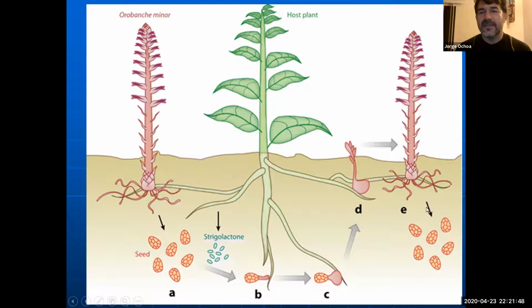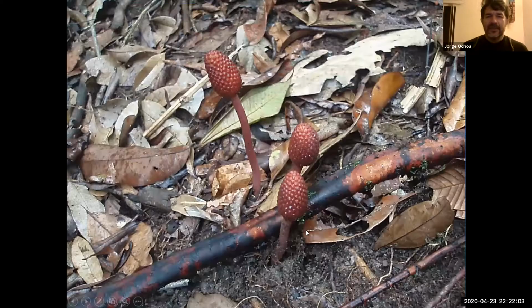Now, this is going to be a smaller problem back east because they are problems with growing corn and other agricultural products. But around here, you don't really see or hear too many things about it. And then somewhere in the tropics, you have what is known as blood mushroom. And it kind of looks like a mushroom, but it is the flowers of another parasitic plant.